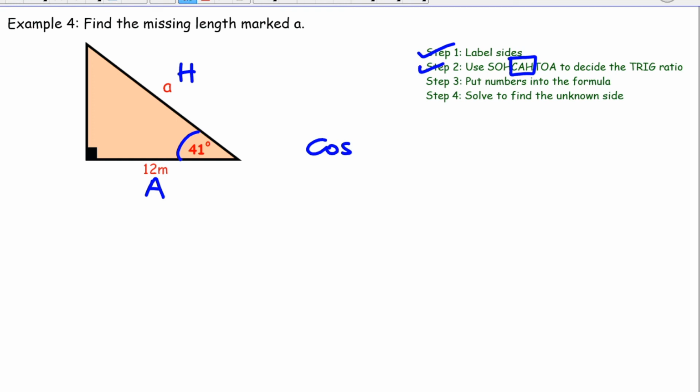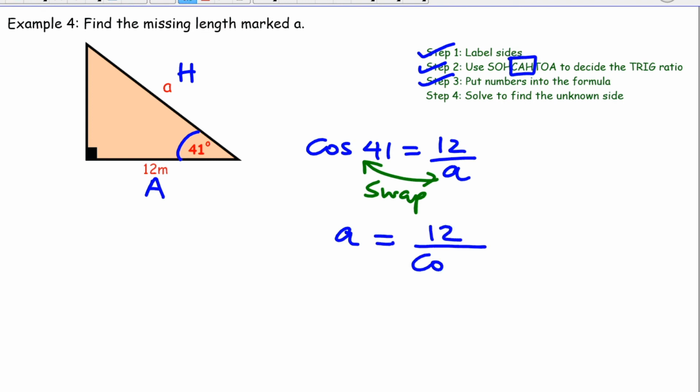So cosine of 41 will be equal to the adjacent, which is 12, over A. We want A, so we swap, which means that A will be equal to 12 over cosine of 41. Plug that in your calculator, and that should give you 15.9 meters. I've already shown you how to plug this in a calculator.